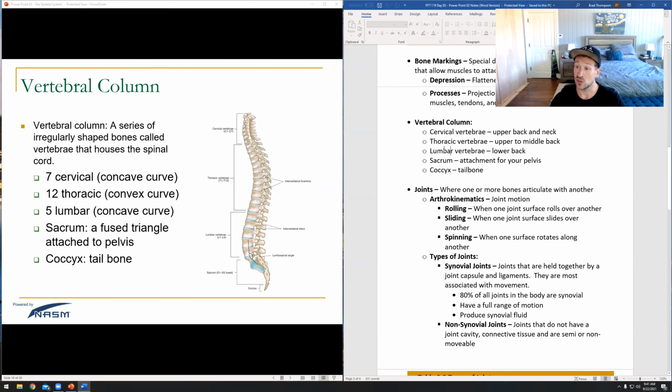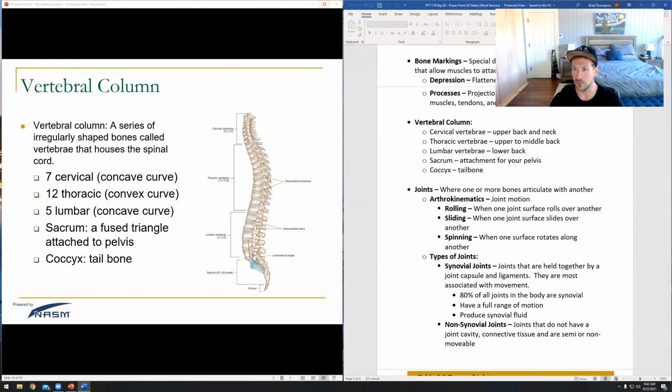Your cervical vertebrae, those are your C1 through 7. Your thoracic vertebrae, that's your T1 through 12. Your lumbar vertebrae, that's your L1 through 5. And then your S1 through 5, your sacrum. It has S1, S2, S3, but it's all fused together in one big bone. And then you get your tailbone, which is your coccyx.